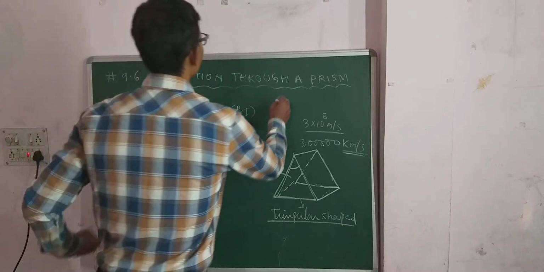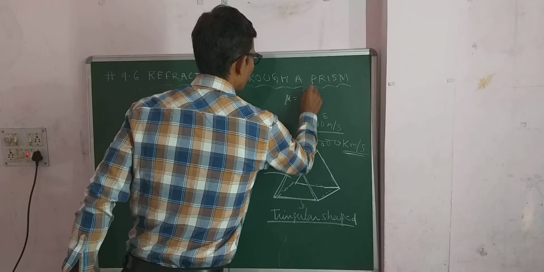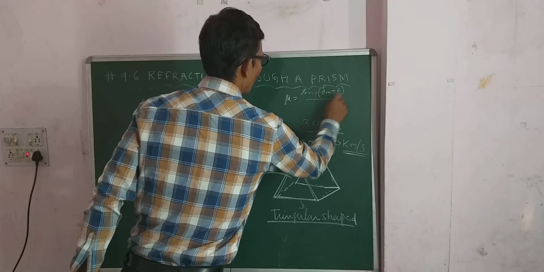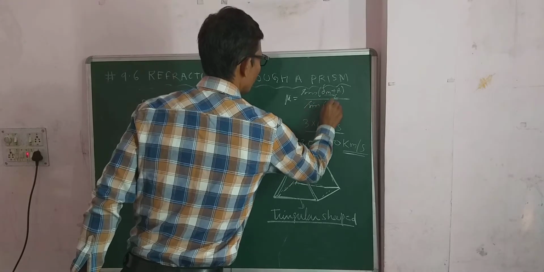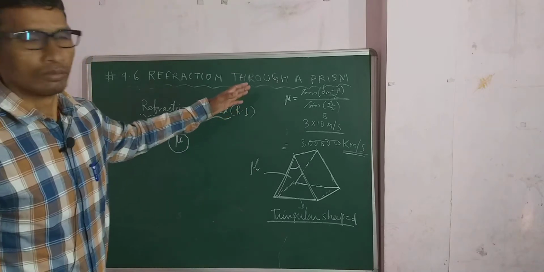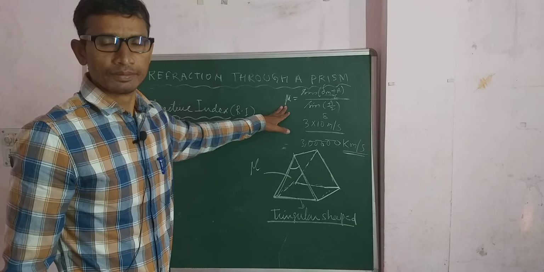Refraction through a prism means mu equal to sine of (delta m plus A) by 2 over sine A by 2. We have to find out this equation.